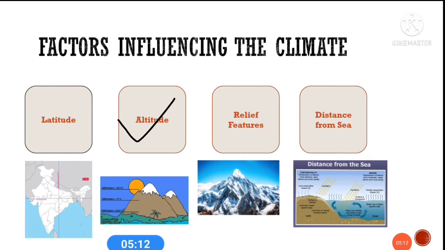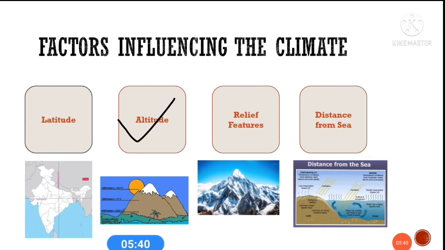The reason behind this is that Srinagar is situated at a higher altitude in the Himalayan region, whereas Delhi lies in the plain areas. So temperature decreases with increasing altitude. As I already told you, it is called lapse rate. If we ascend 1000 meters in height, temperature will decrease by 6.5 degrees Celsius. This is also termed as lapse rate.